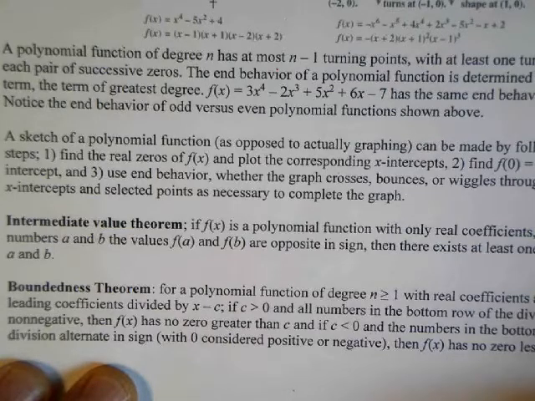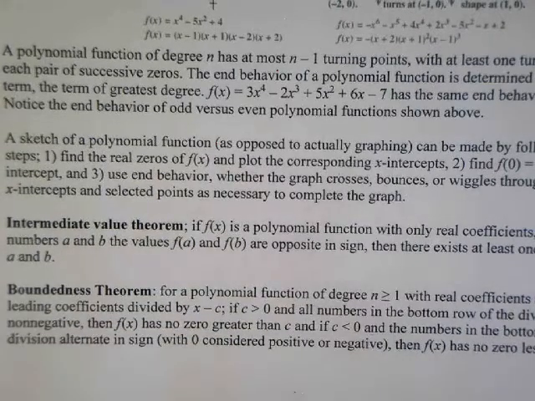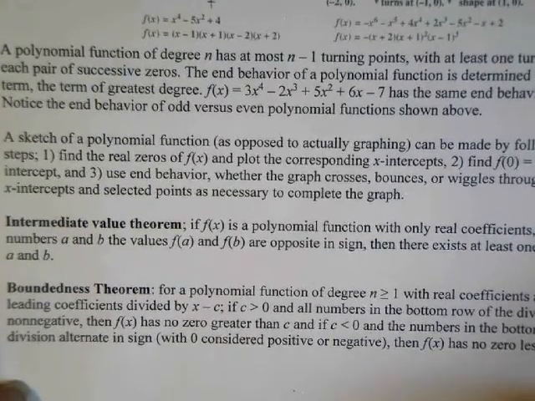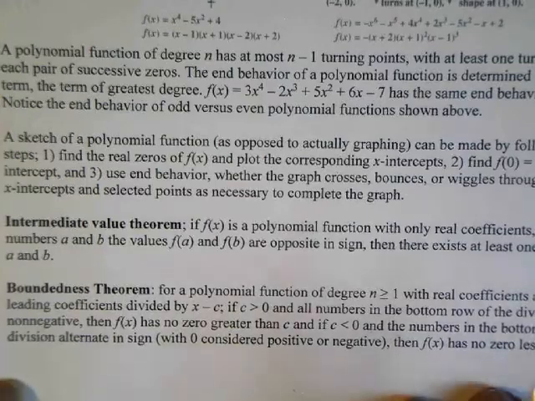And if c is less than 0 and the numbers in the bottom row of the division alternate in sign, with 0 being considered positive or negative, then f of x has no zero less than c. Now, that one's a little bit difficult to appreciate just looking at the words, so when we look at an example in just a moment, it'll become clearer.